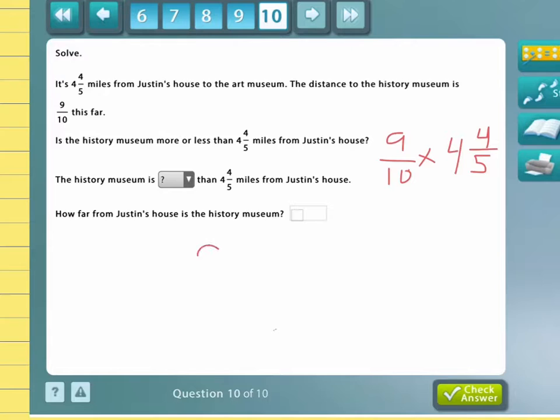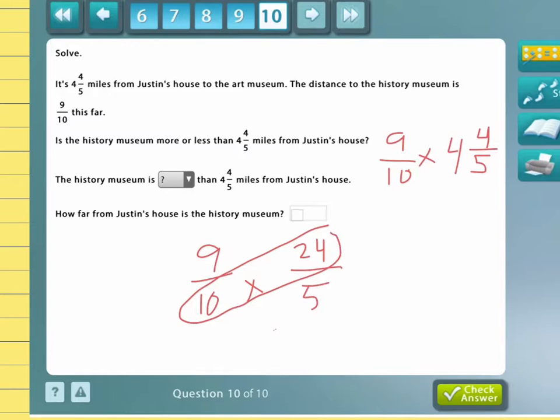I'm going to use the improper fraction method, so that's 9/10 times 24/5. I look for a way to simplify. I can see this here. I can divide this by 2 to give me 5, and I can divide this by 2 to give me 12. So I multiply 9 times 12, and that's going to be 108. And 5 times 5 is 25.